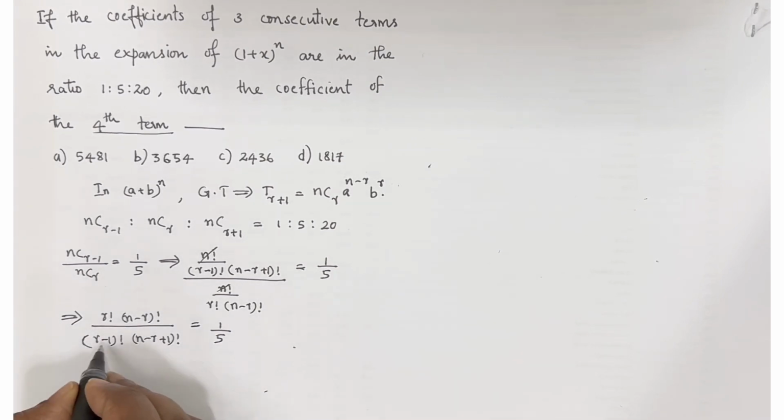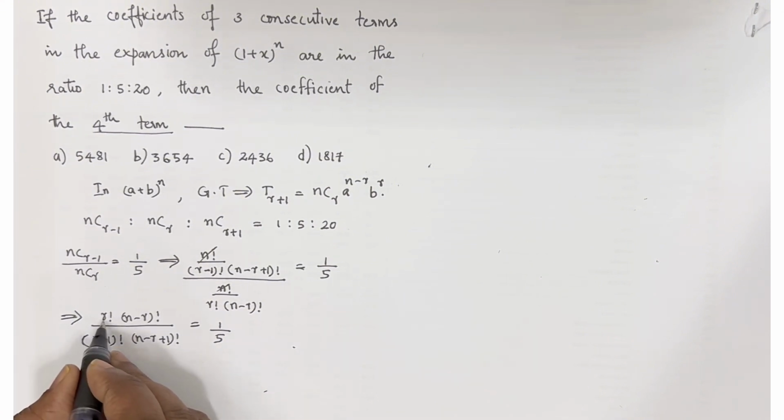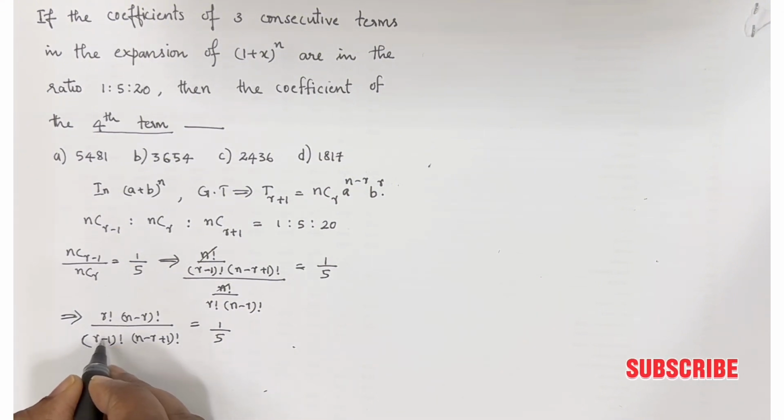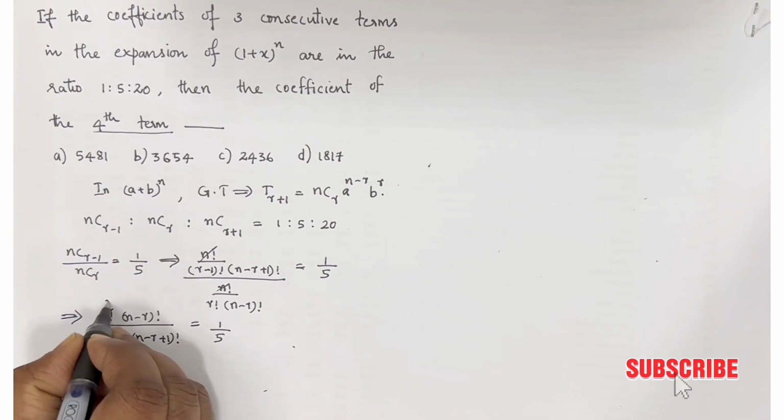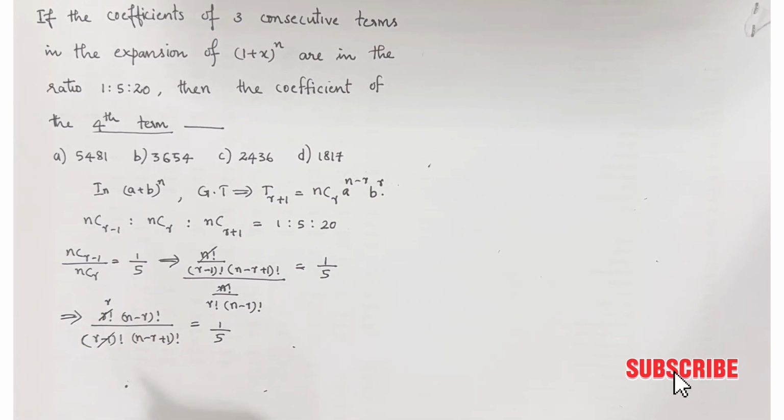Here we can cancel r factorial and (r-1) factorial. R factorial means (r-1) factorial into r, so we can cancel (r-1) factorial from the numerator and denominator. The remaining term will be only r.